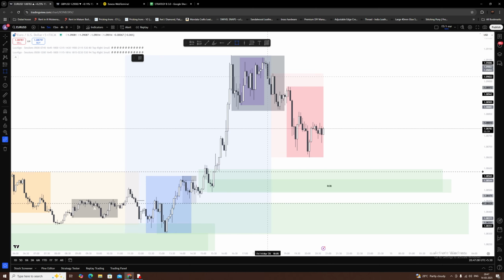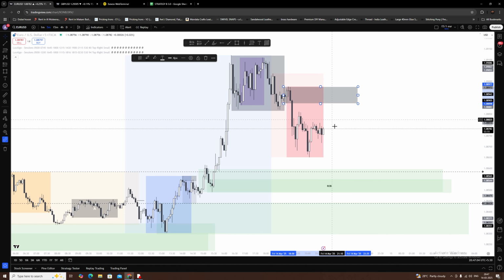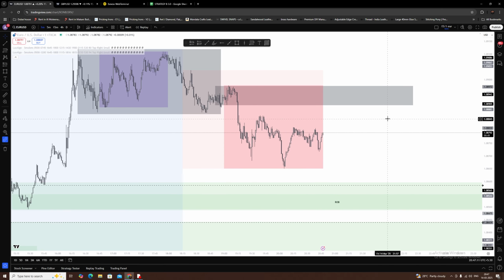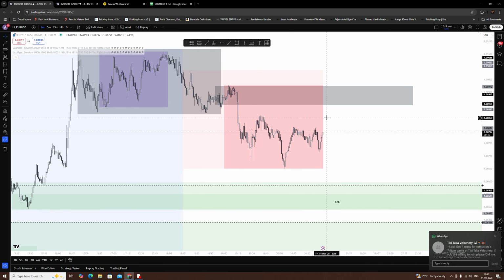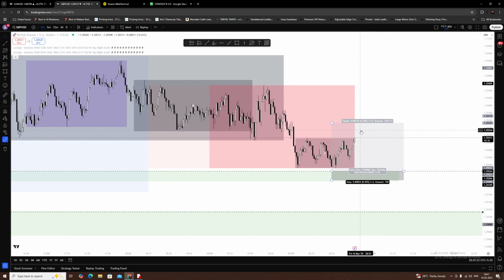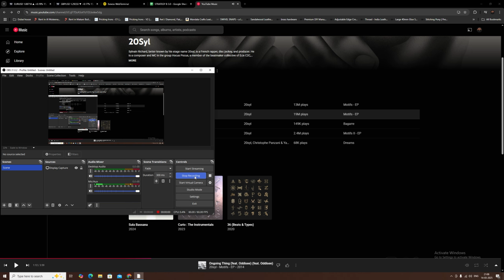We have an order block over here, but for that we need accumulation here. We have one top. If we have two more taps, it'll be good to take a trade here. And all this should happen within 9:15. Let's see.